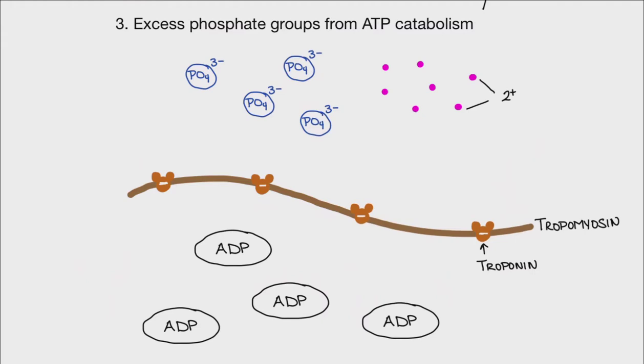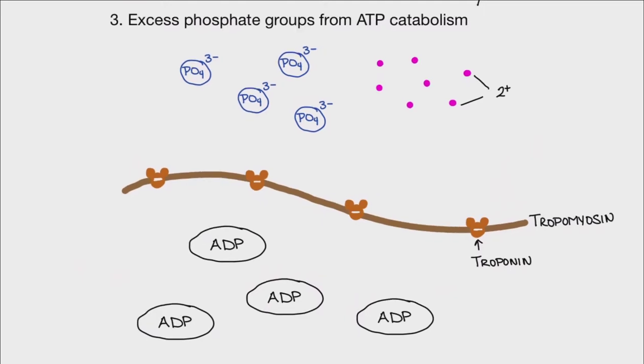And that attracts the calcium. But in a muscle that's been doing a lot of cross bridges, the myosin has also been spitting out ADP and phosphate groups. And those phosphate groups are also very close to this tropomyosin and troponin.